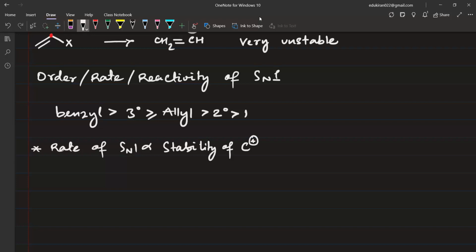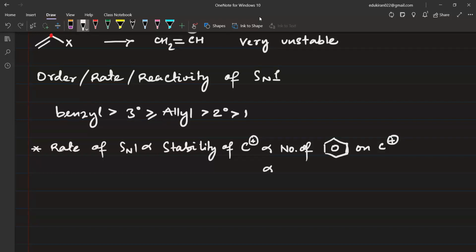Now the stability of carbocation is proportional to the number of benzene rings on C plus, that means the carbocation.